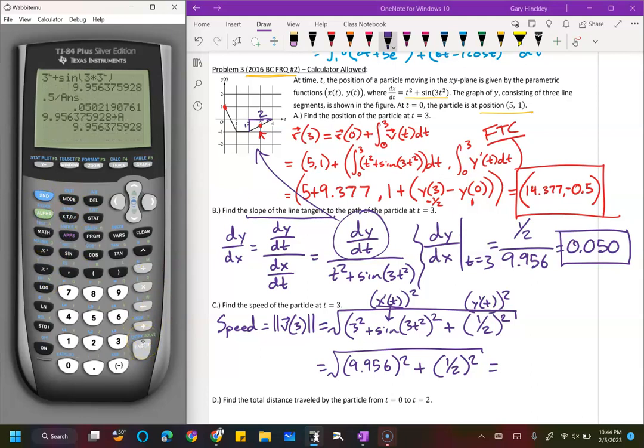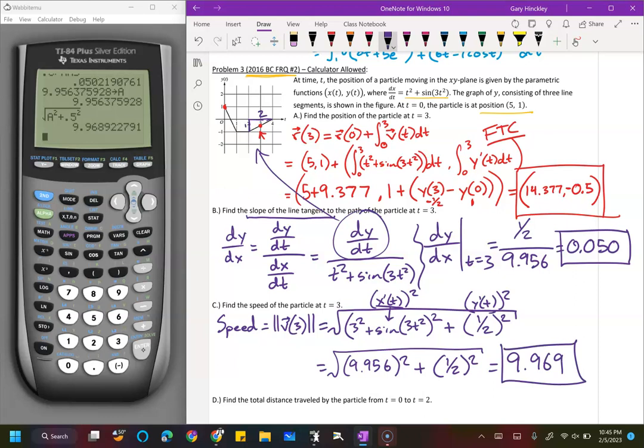It makes my life a little bit easier. So I'm going to go square root, and then that's just A squared, plus 0.5 squared. And that should give me 9.969. There we go.